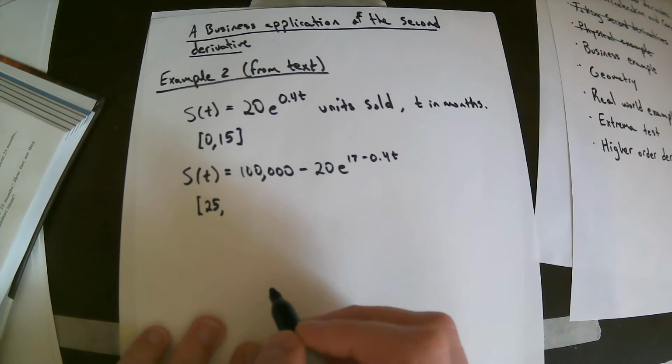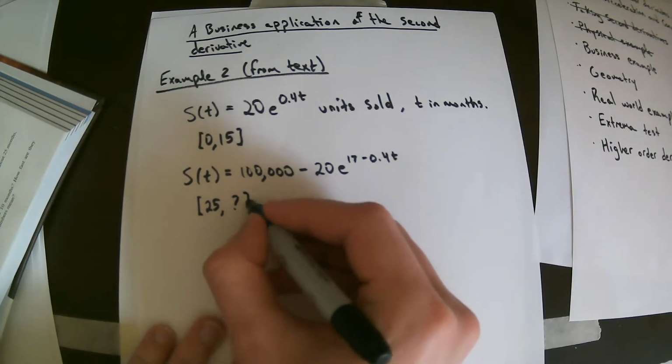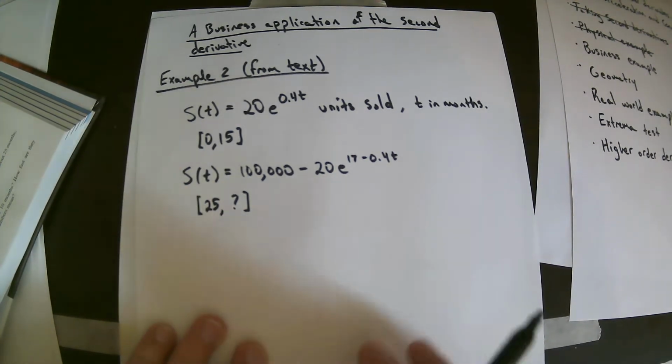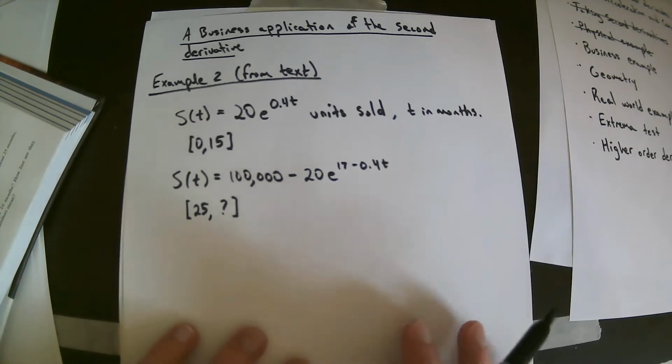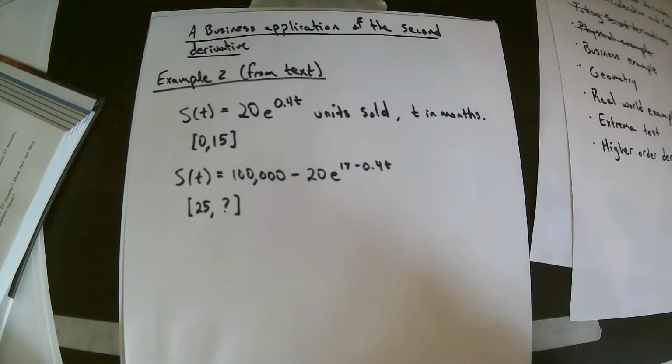I can't imagine that it would be too long of a time frame. They don't specify when this model stops working. It could just be that after too long after 25 months, maybe they're just not interested in the sales of this game anymore because that's longer than 2 years. Maybe they have a new game that they're modeling the sales of or something like that. I don't think it's going to come into play that much.